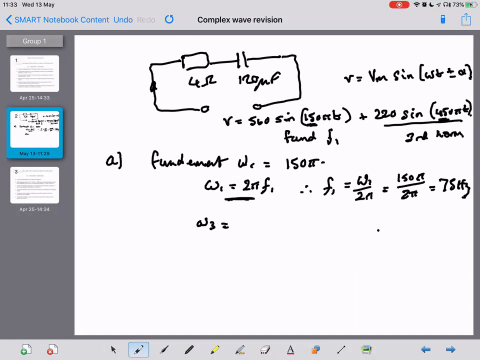So omega 3 equals 450 pi, which is 3 times the fundamental. Divided by 2 pi, you should get 225.